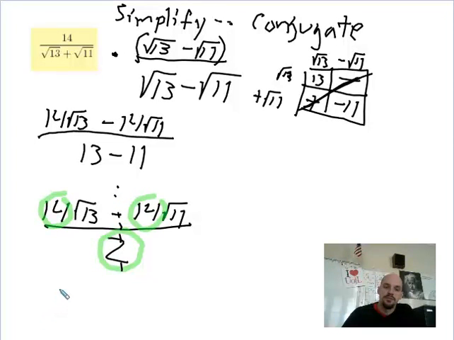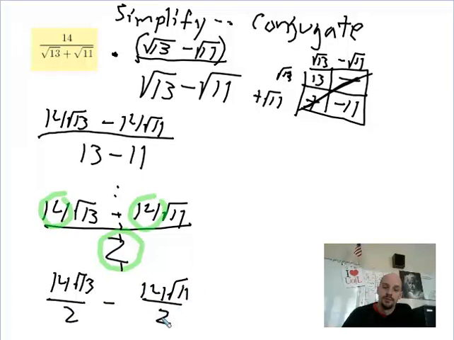If you split it down the middle, you get 14 radical 13 over 2 minus 14 radical 11 over 2. Then you can really see that the 14 and 2 will cancel, and you wind up with the final answer of 7 radical 13 minus 7 radical 11.